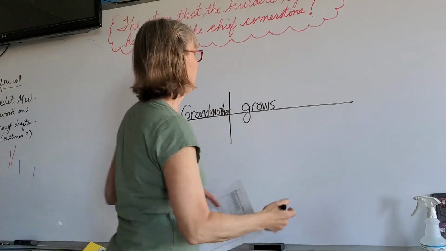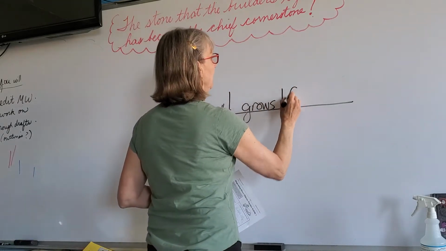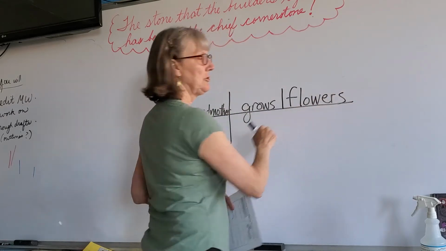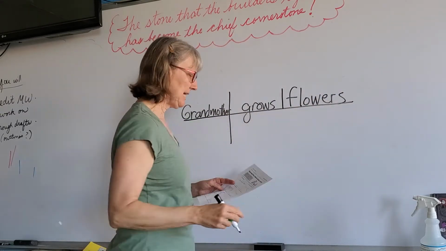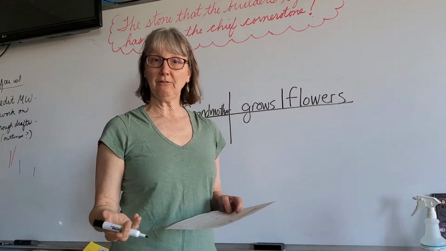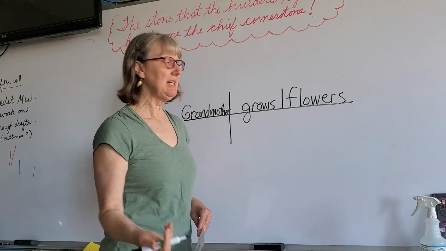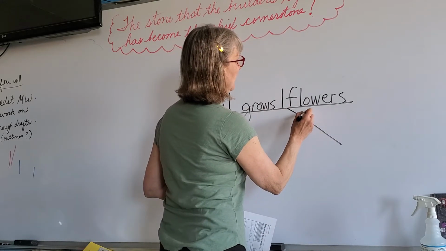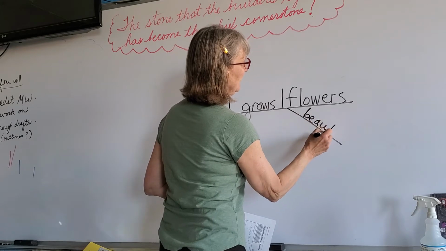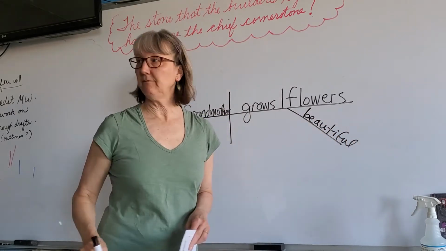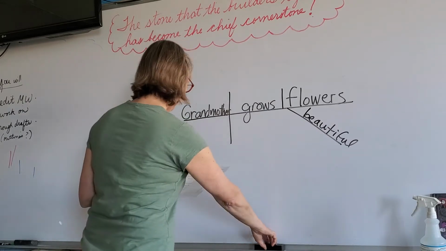She grows flowers. That's the direct object. But there's more there. It tells what kind of flowers. They're beautiful flowers. Beautiful is an adjective that modifies flowers. Remember, our modifiers come off of our nouns. So, beautiful. Grandmother grows beautiful flowers. Okay, good.